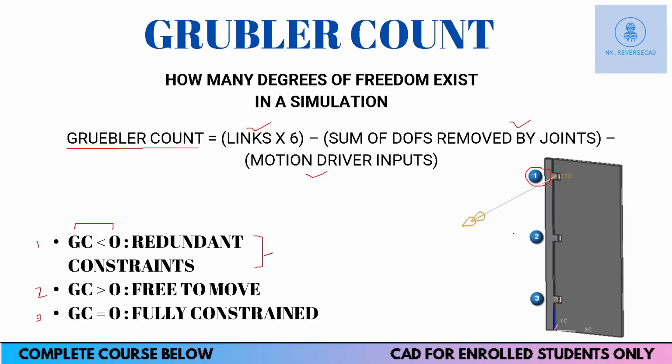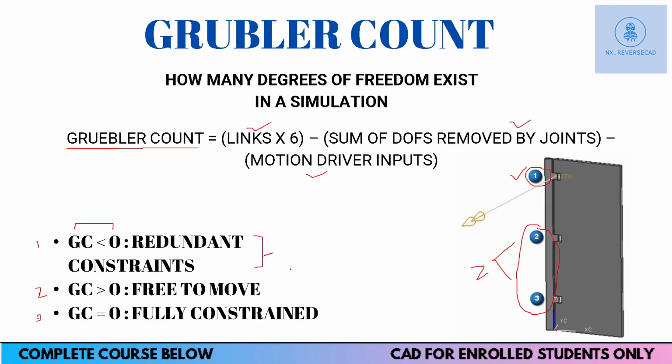The same constraint has been applied using these two joints also, which was not necessary. That means I'm using these two joints to restrict the same motion that the first joint was restricting. That means these two constraints are redundant. So in that case, our Grubler count could be less than 0. I'll come to this when we talk about it in the practical.